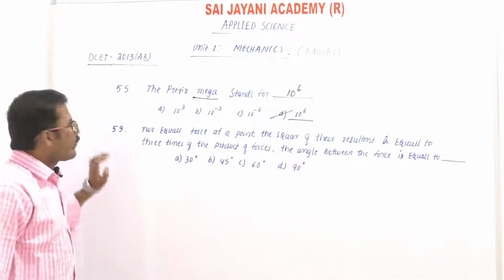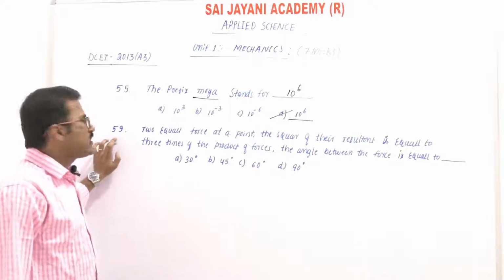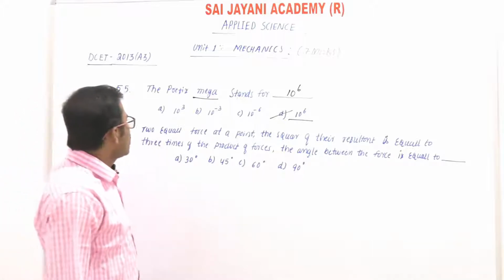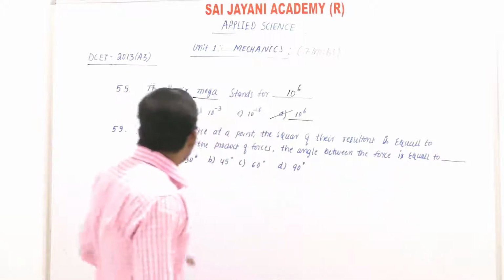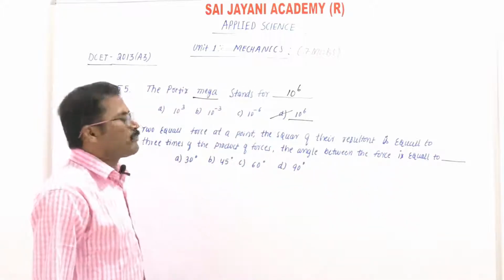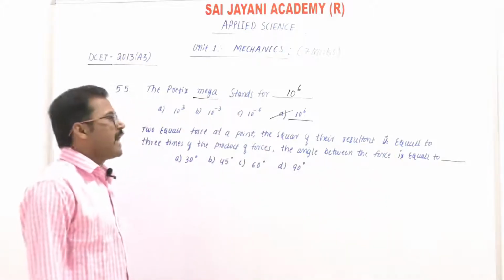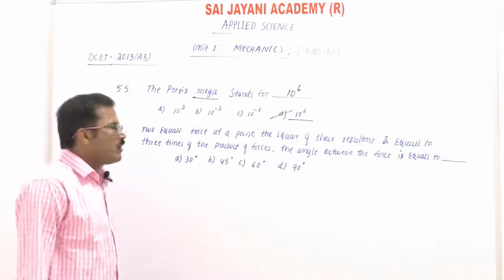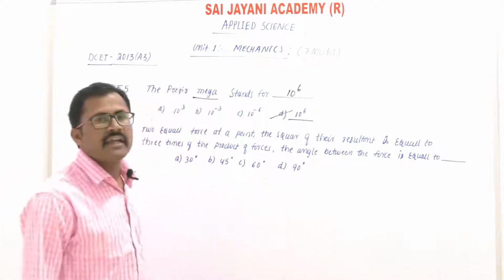So next question 59, in the same question paper. Two equal forces act at a point, the square of their resultant is equal to 3 times the product of the forces. The angle between the forces is equal to dash. Option A 30 degree, option B 45 degree, option C 60 degree, option D 90 degree.